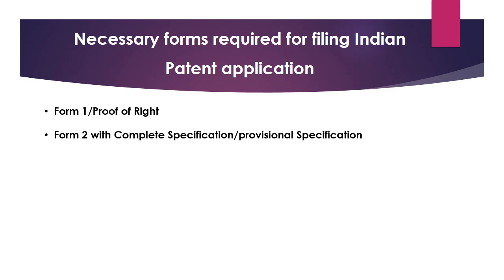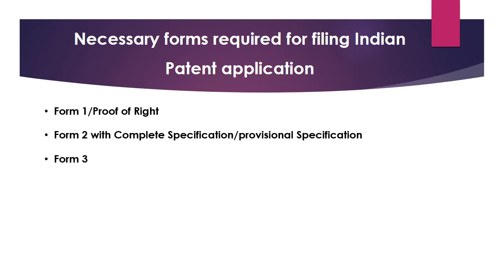Second is Form 2 with complete specification. This form has all the basic details, or the complete details, of your invention. Form 1 only has other details like name, address, phone number, and email of inventors, applicants, and patent agents. And Form 2 has the complete details of your invention.